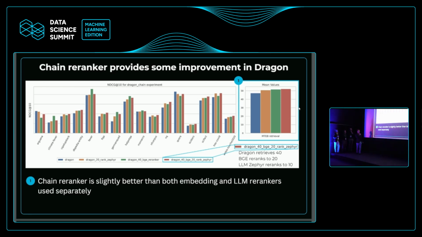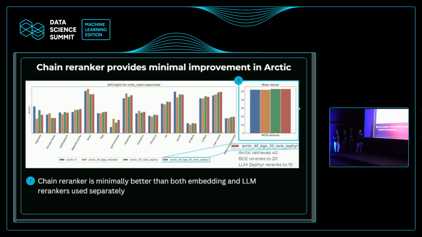And as you can see, it performs better than both re-rankers used separately. So we can see that we're actually able to get the best out of two worlds. We've got similar conclusions with the Arctic retriever. Arctic is a more powerful retriever, therefore the increase isn't that noticeable, but still on some data sets it's bigger.